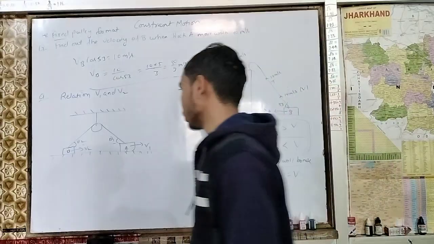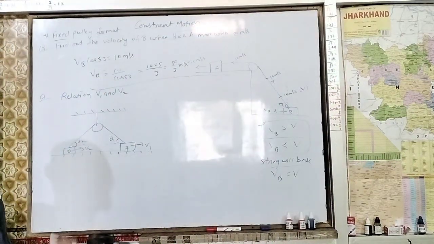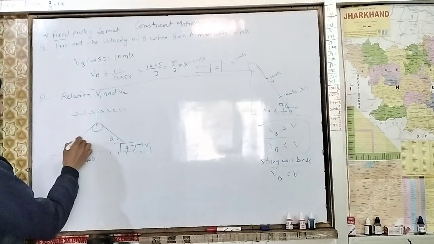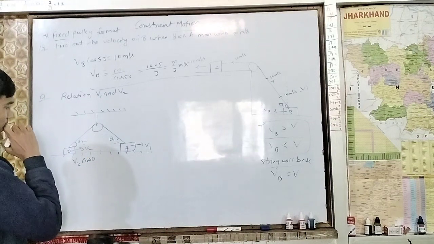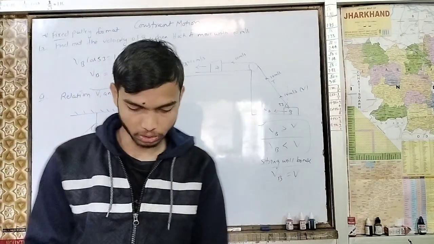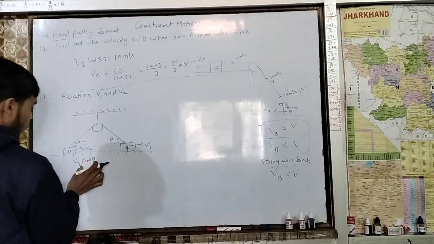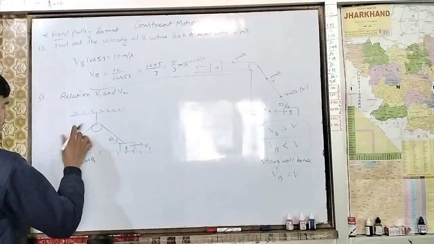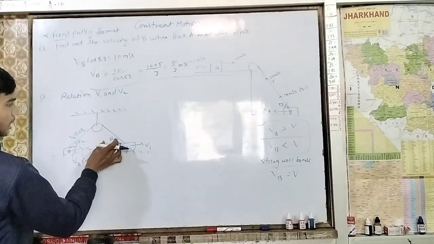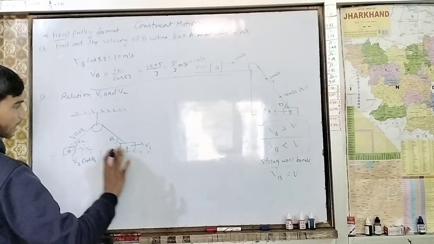For example, here according to this data, this will be V2 cos theta2, which will be equal to the velocity of the tension. Don't care about the direction and relative motion.